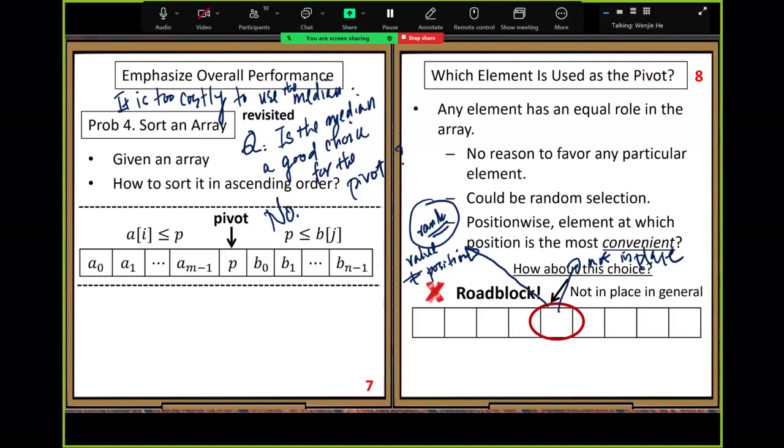The element should not sit somewhere in the middle of the array. It should be at the endpoints. Two endpoint locations are the good locations, only these two.